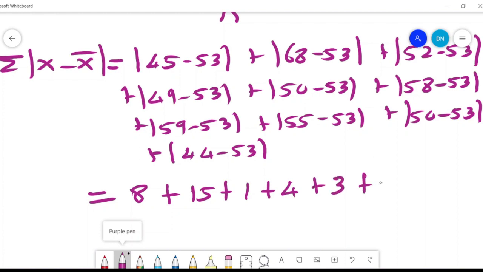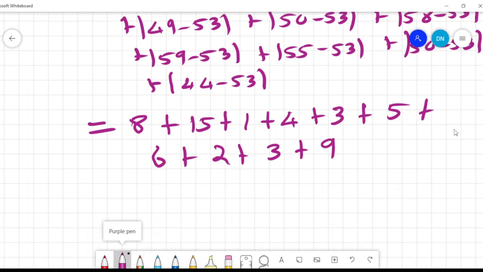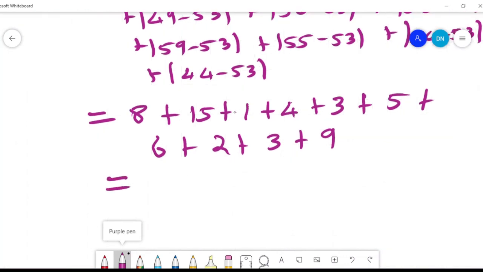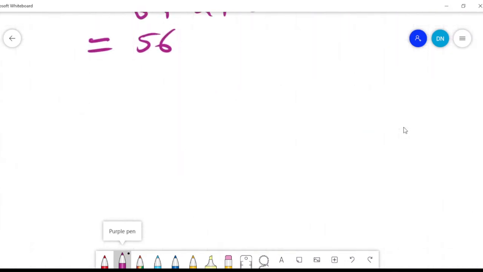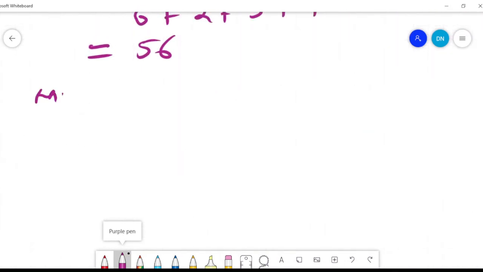Absolute is positive. 58 minus 53 is 5. 59 minus 53 is 6. 55 minus 53 is 2. Negative 3, then absolute is positive. This is negative 9. Absolute is positive. So those are the values we have. And this gives us 56, and therefore the mean deviation should be equal to 56 divided by 10, which is 5.6.